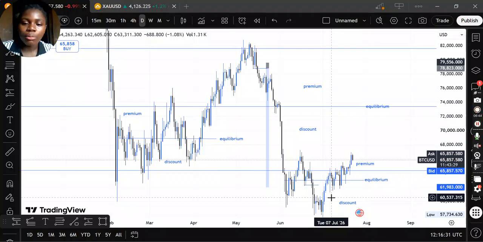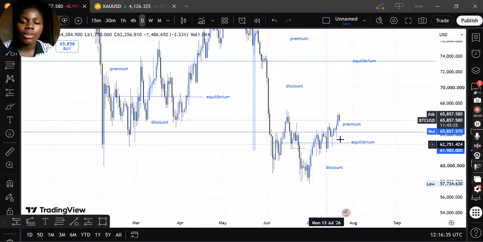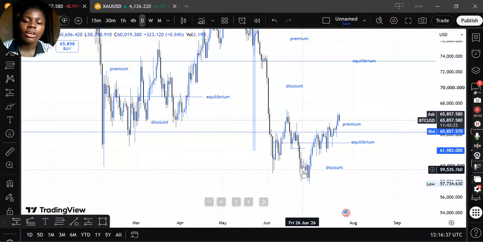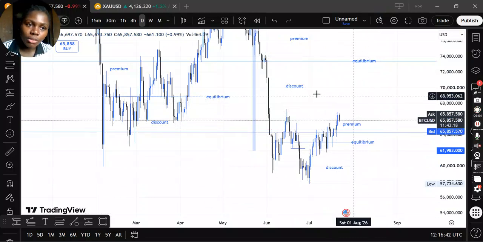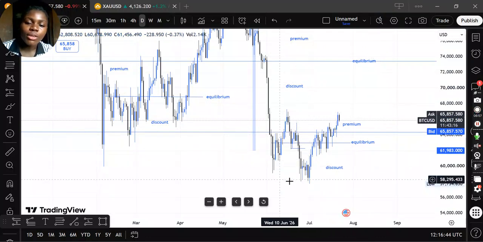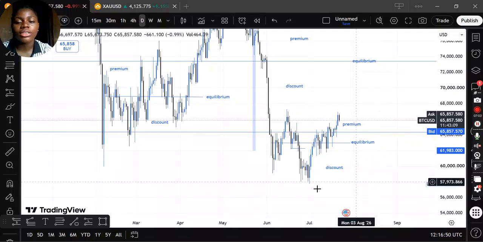Not exactly wait, but we would need to readjust this, which means when price comes beneath this and breaks here, automatically all of this becomes a premium level. Then the middle, wherever it breaks from, becomes the equilibrium area, and beneath it the discount.